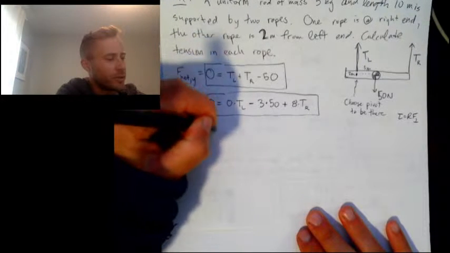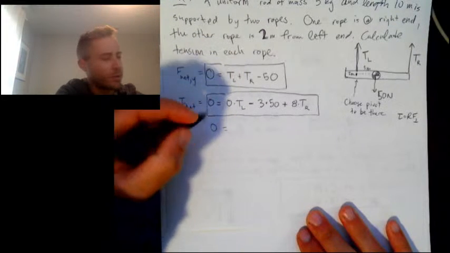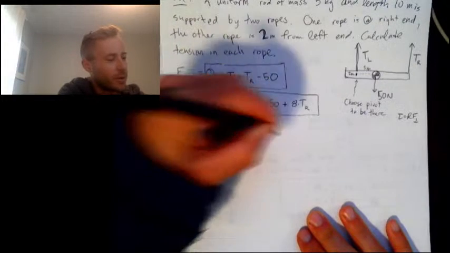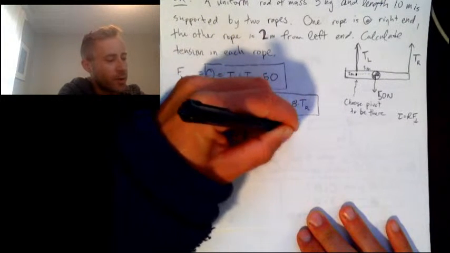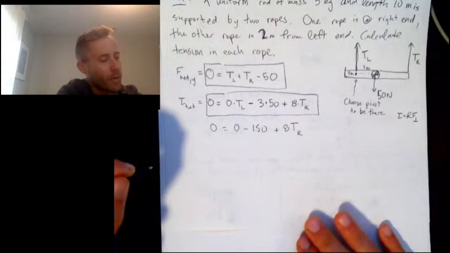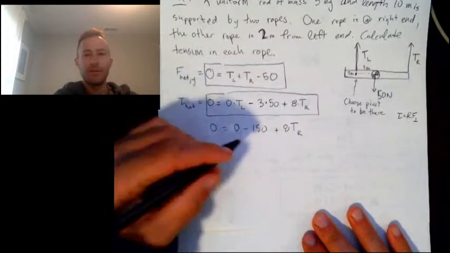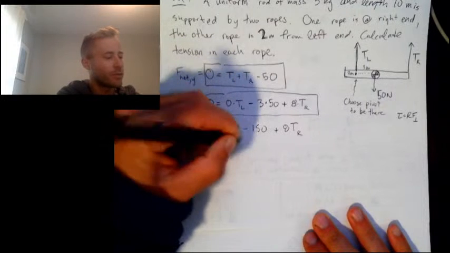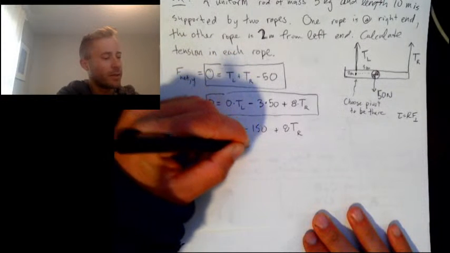If I rewrite this equation, I have 0 equals 0 minus 150 plus 8 T sub R. I can solve that very easily. T sub R equals 150 over 8.